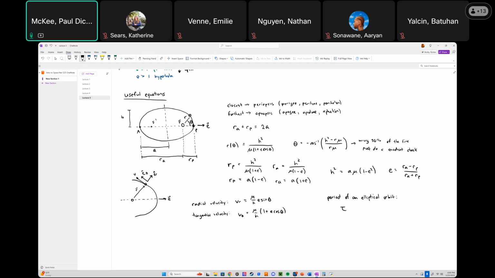So the time it takes for a spacecraft to orbit all the way back to its original position. Tau is 2 pi times the semi-major axis to the 3/2 power over the square root of mu. Sorry, tried to make that look good. And again, just dropping that in here without derivation.